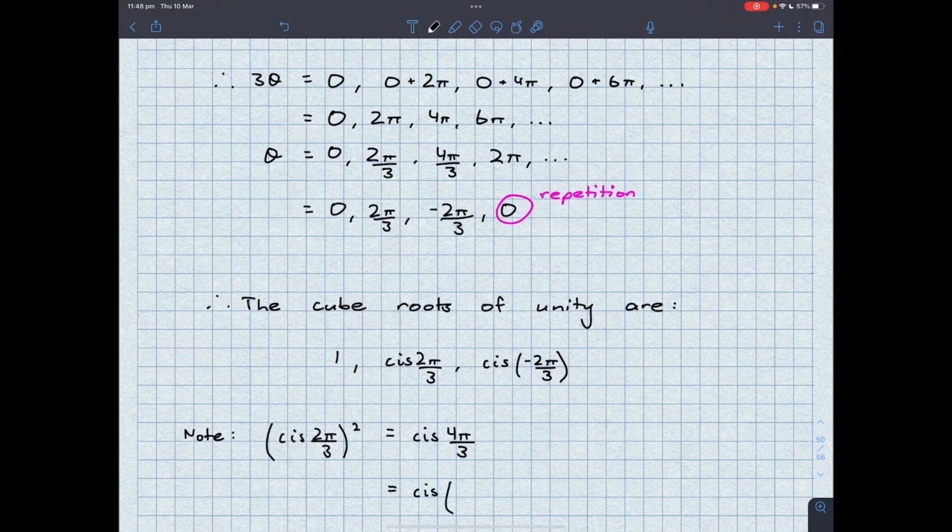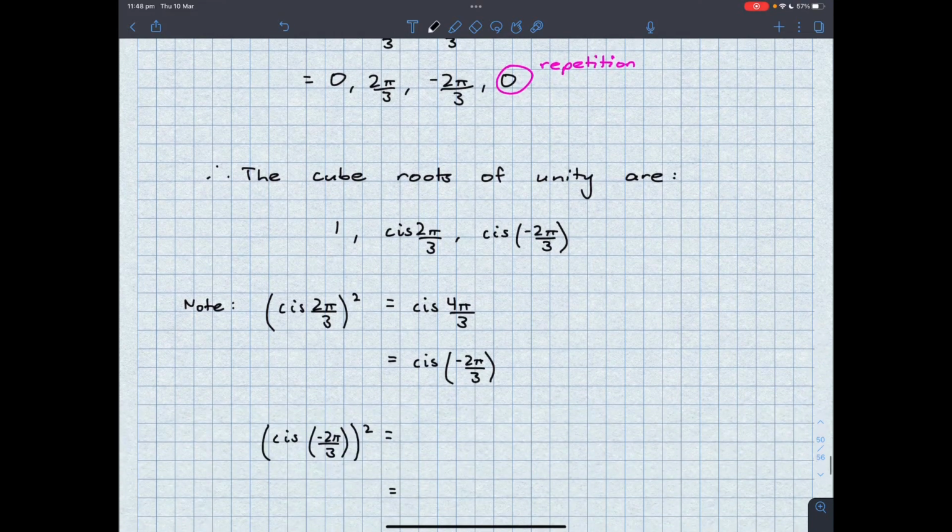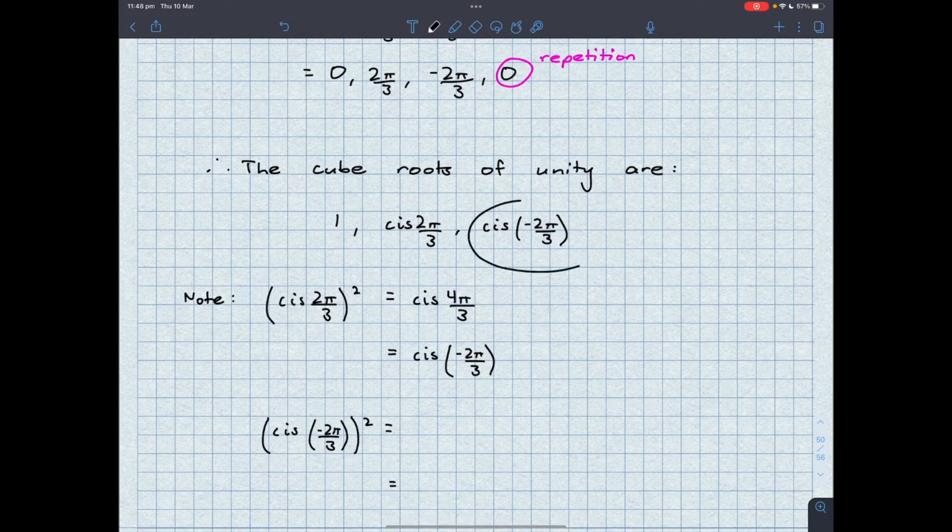And if I change that to a principal argument, I actually get the other complex root. I can do the same with the third root of unity. I can square the modulus, double the angle, and when I make that a principal argument, I get cis 2 pi on 3.